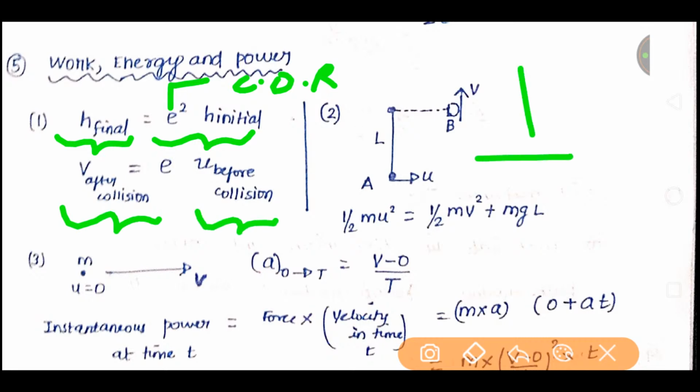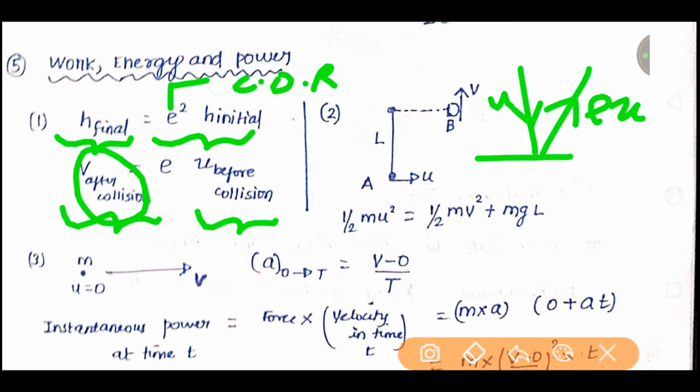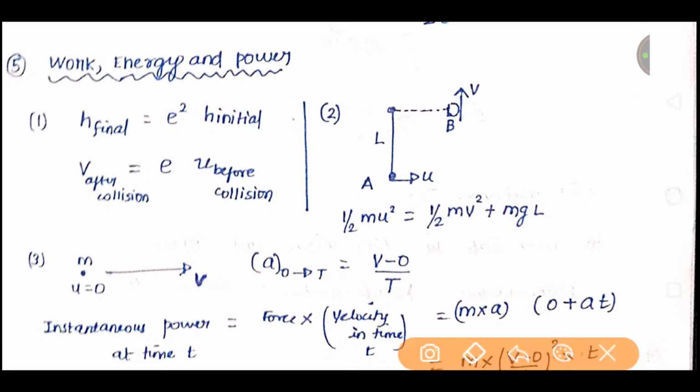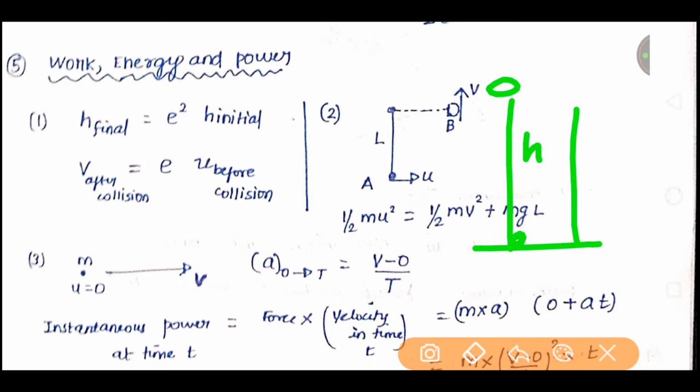That is, if a body is striking with velocity u, it bounces back with velocity eu. Similarly, if a body is falling from height h, on collision it goes up to a height of e square h. What is that e? Coefficient of restitution, right?